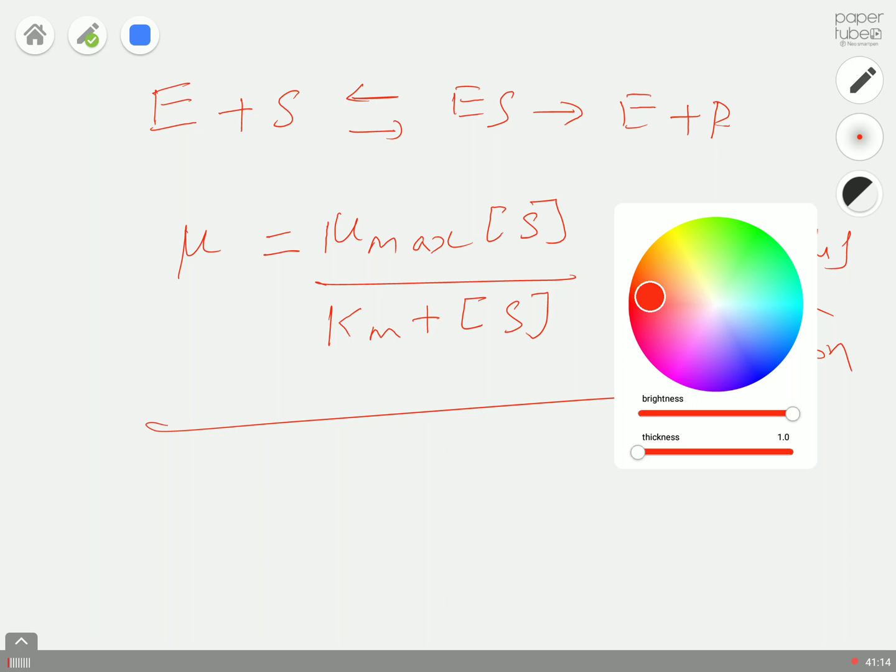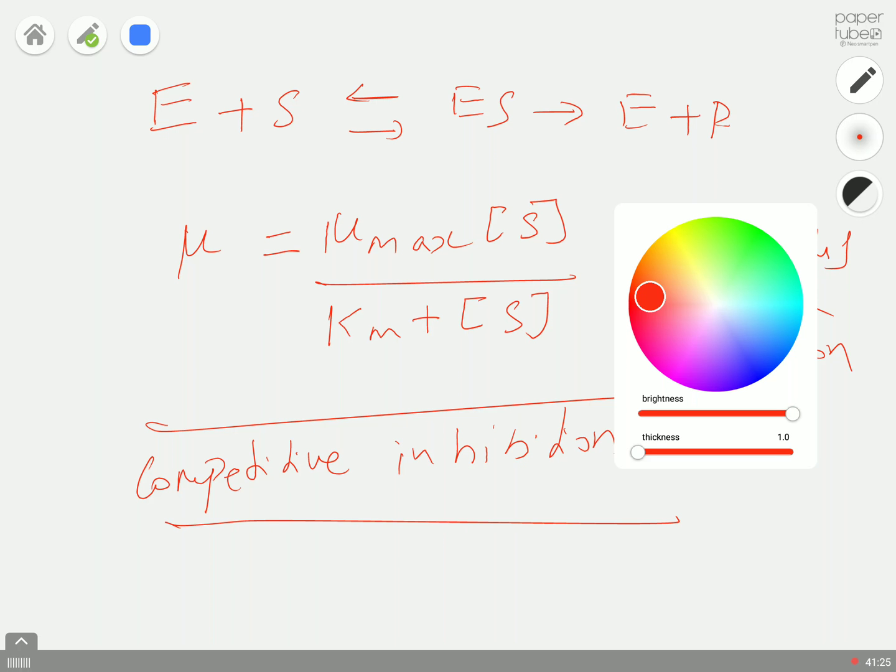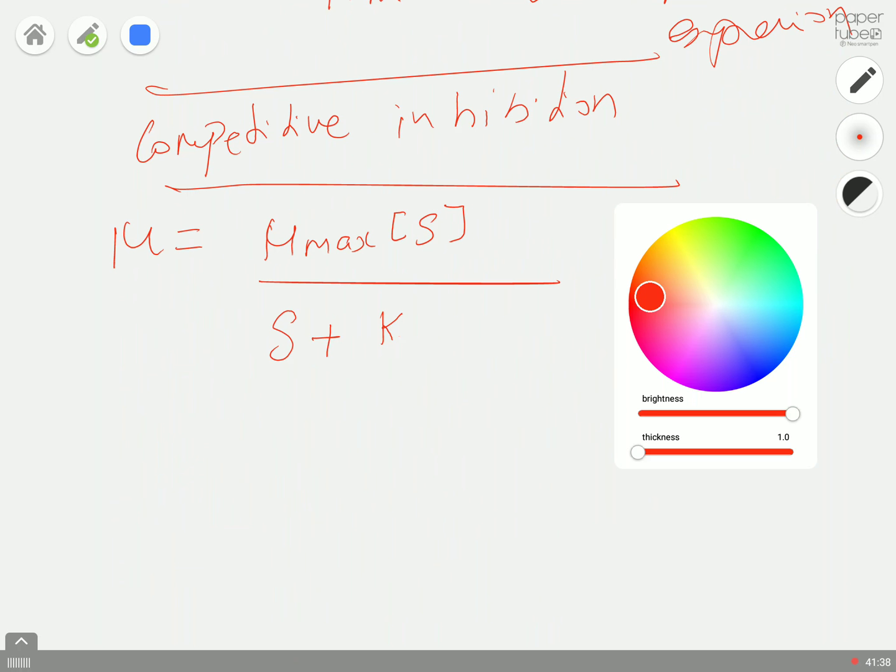But when you are going to deal with competitive inhibition, your initial velocity is given by, we don't have to derive this expression because it's time consuming, but you should know, Km multiplied by alpha, where alpha is equal to 1 plus inhibitor concentration divided by Ki.